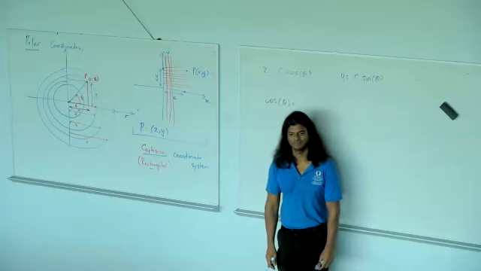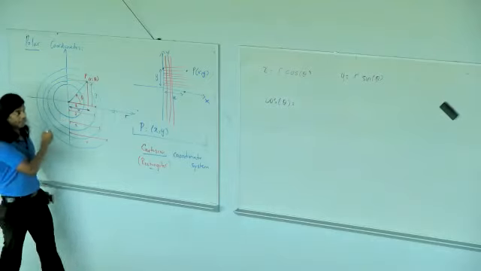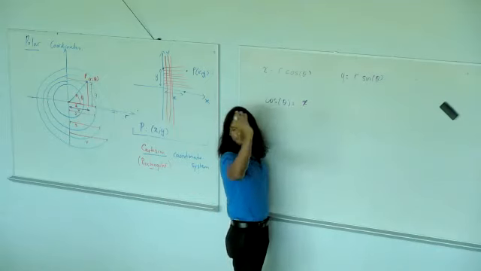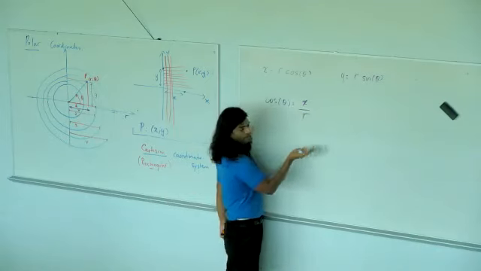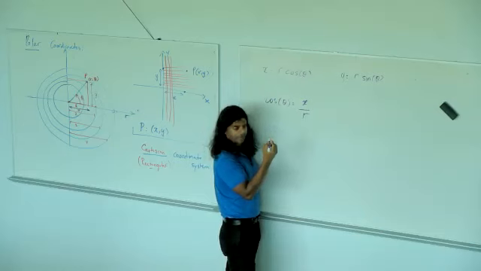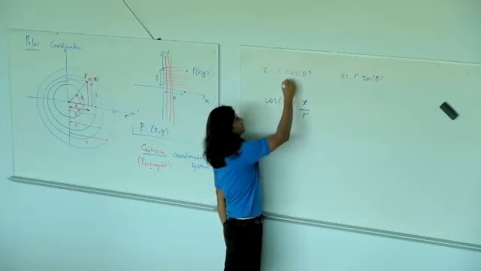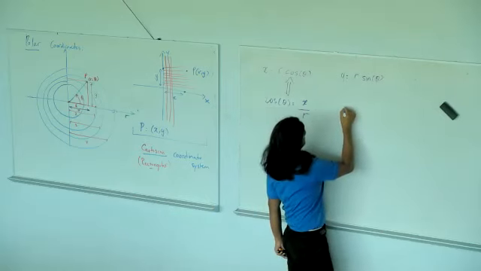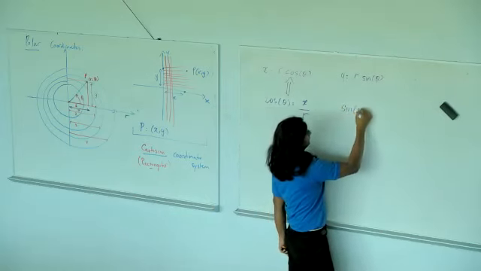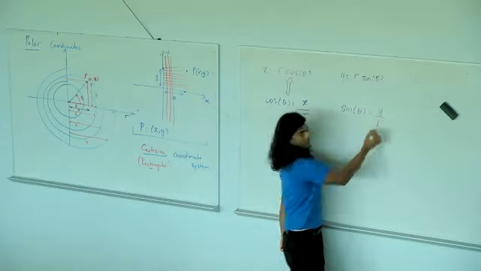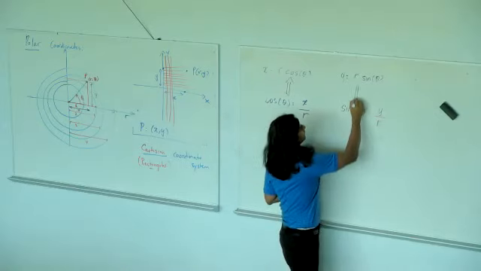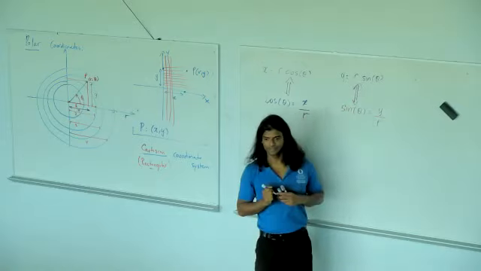Adjacent divided by hypotenuse is cosine. Adjacent is X. The hypotenuse is simply the radius R, multiplied by R on both sides. You get that. Sine theta is Y divided by R. Opposite over hypotenuse. You get that.